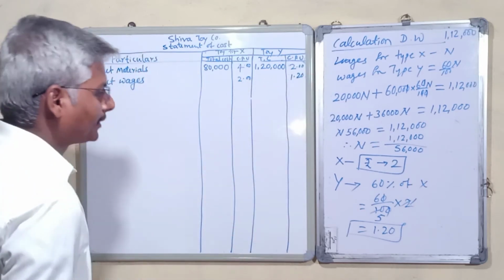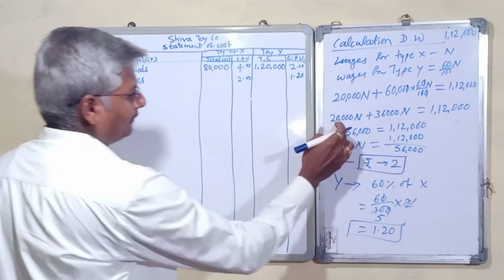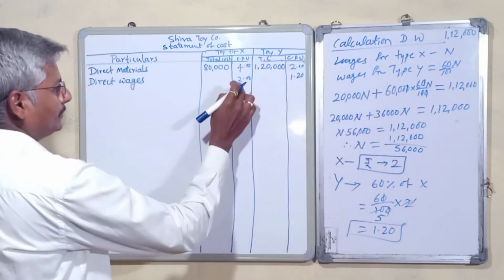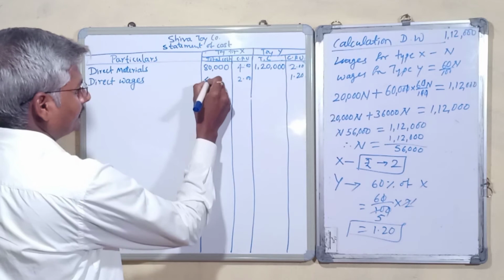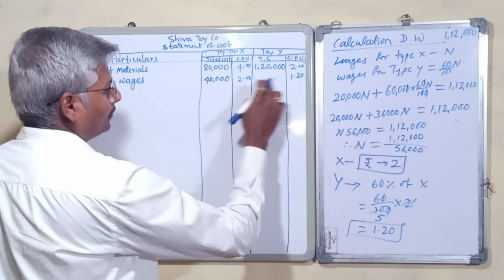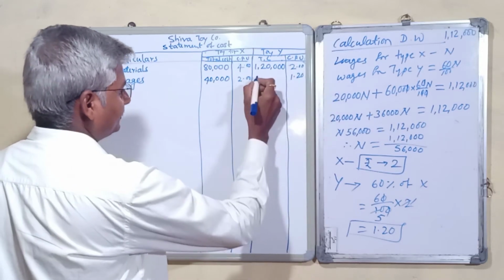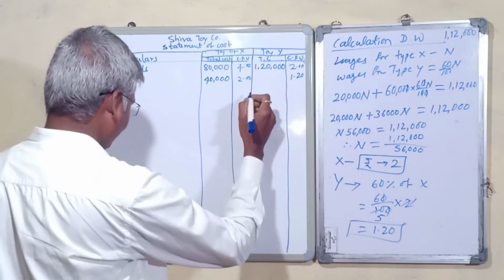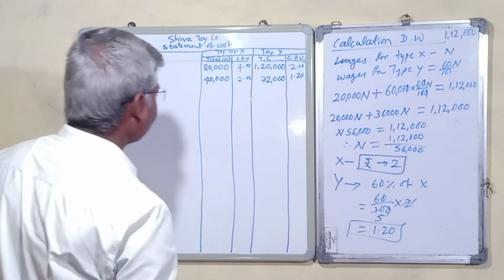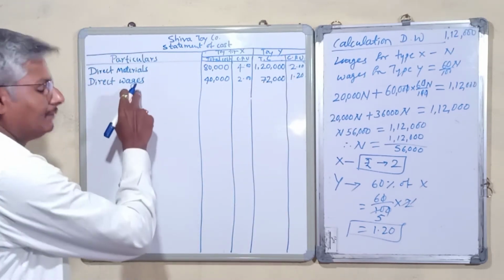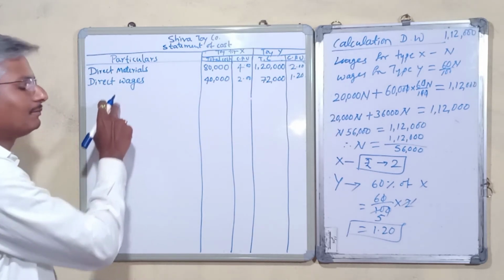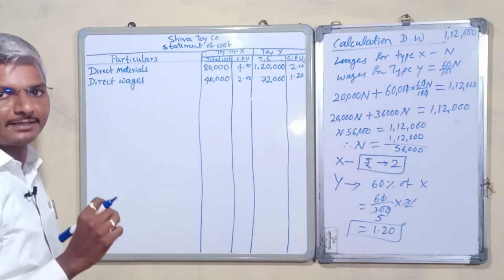Then we produce 20,000 of X and 60,000 of Y. 2 into 20 is 40,000 and 1.2 into 60, that amounts to rupees 72,000. Then for this we need to add one more thing to get the prime cost, but in the problem we don't have direct expenses.